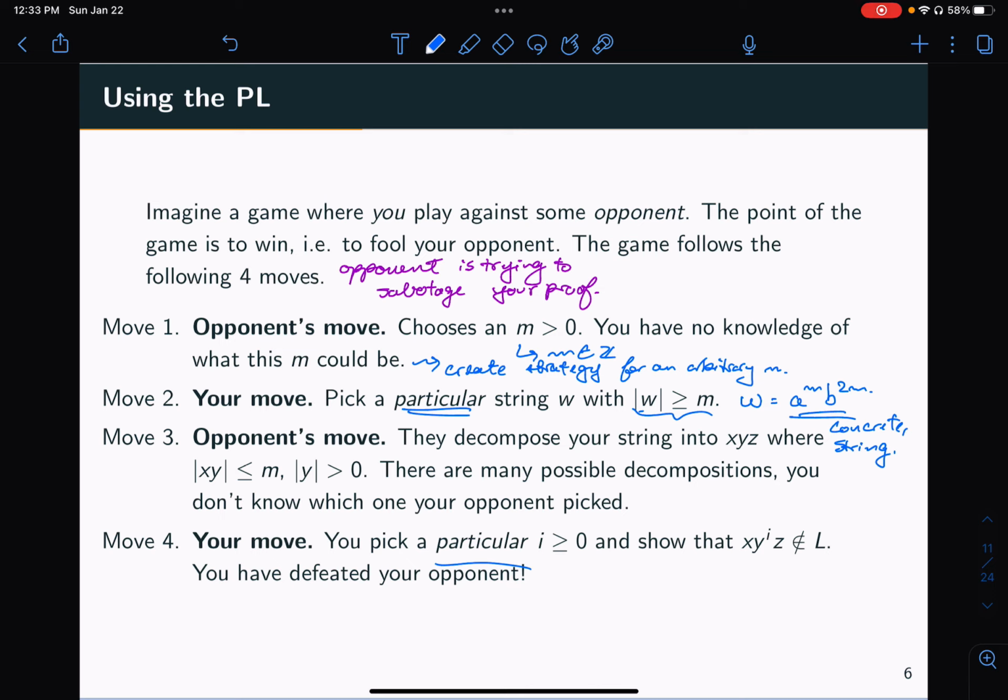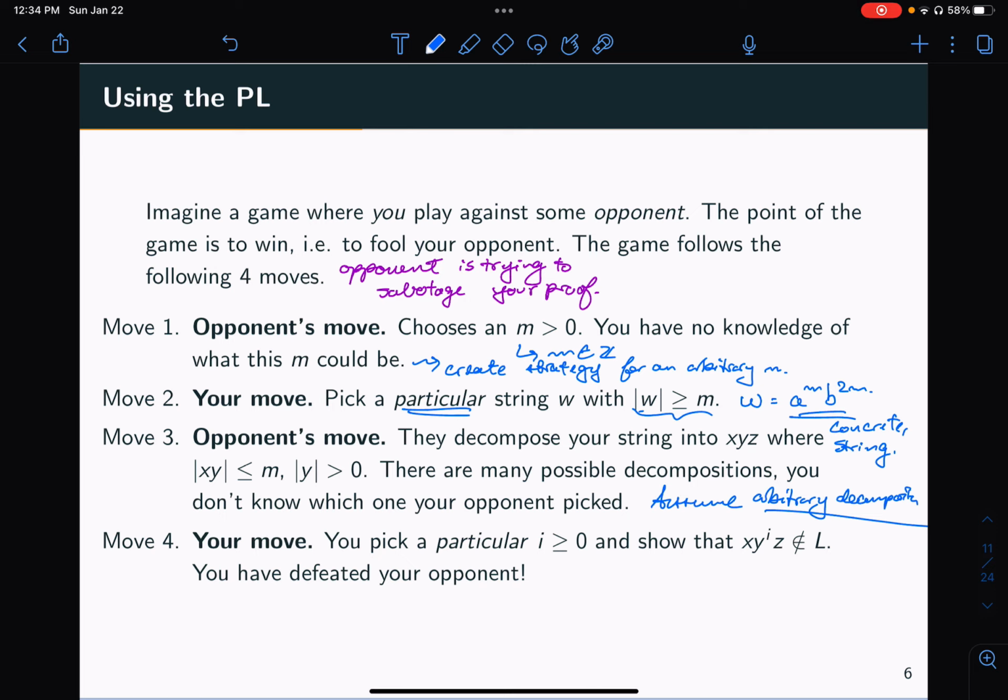So what you need to do is assume an arbitrary decomposition. Again, your strategy has to work for an arbitrary decomposition.